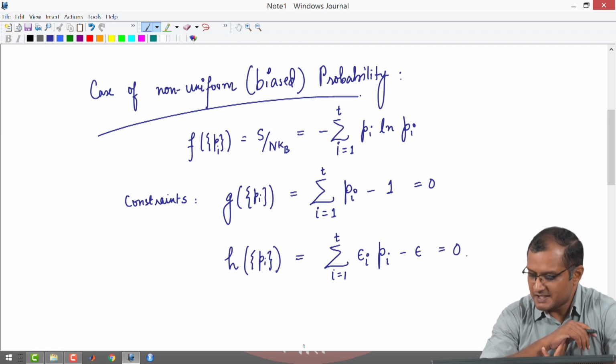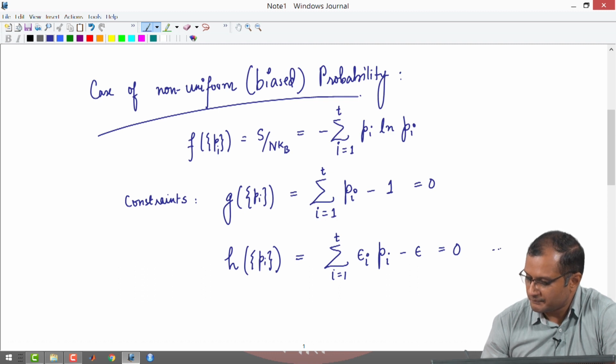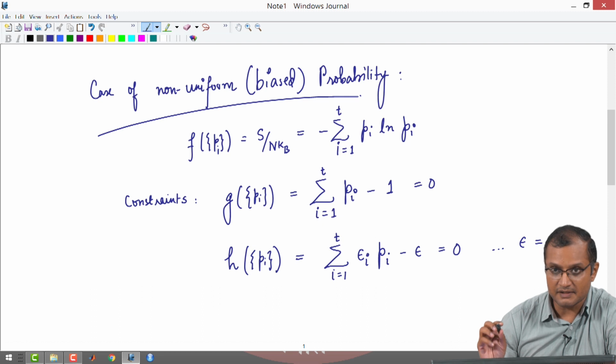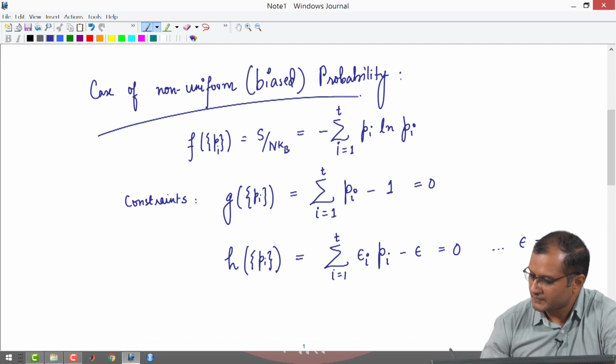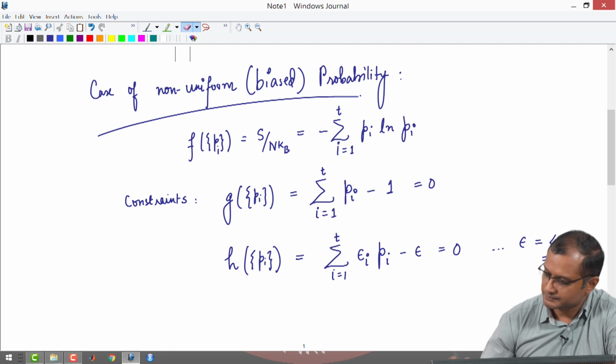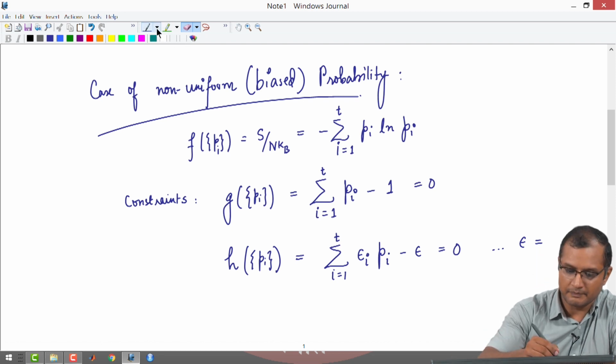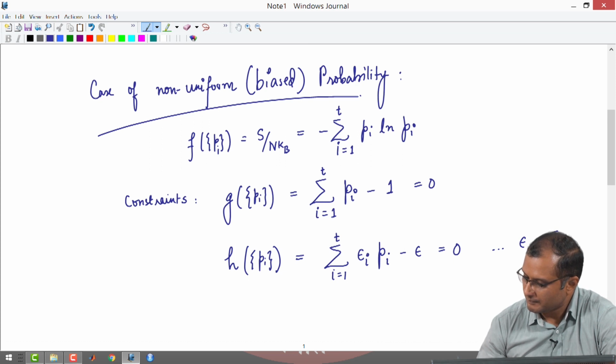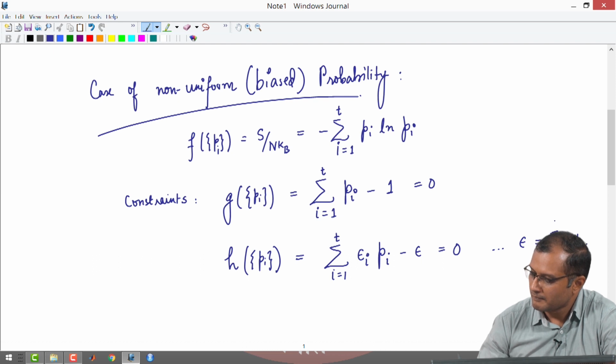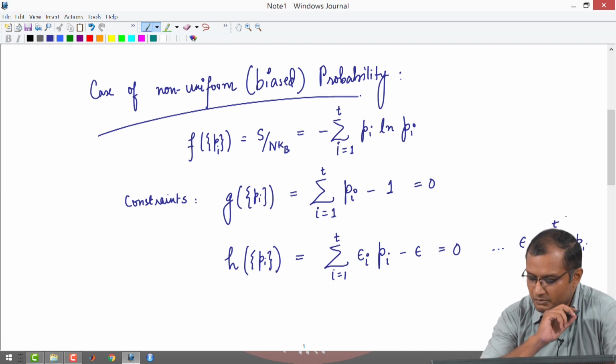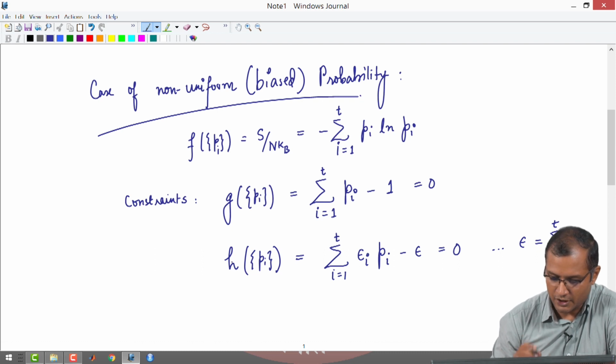So, I have said that the die is biased in the sense that the average outcome is epsilon. So, this is like saying the average value of epsilon is fixed. Definitely my second constraint is h.